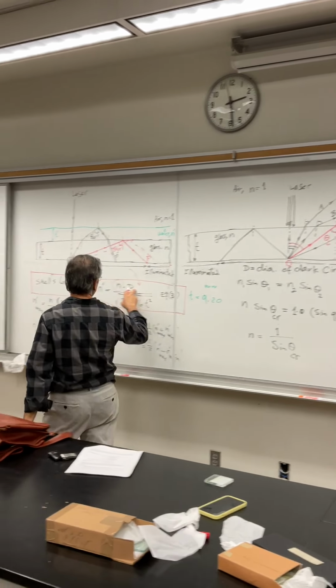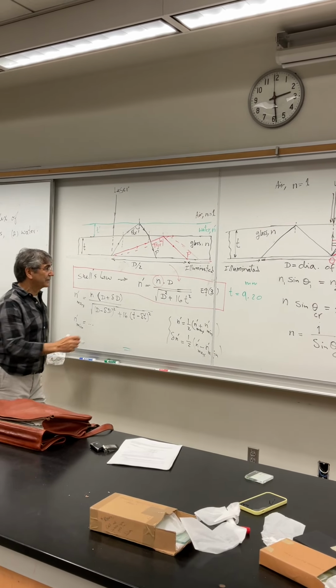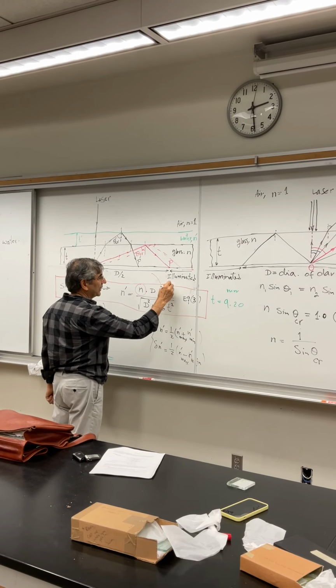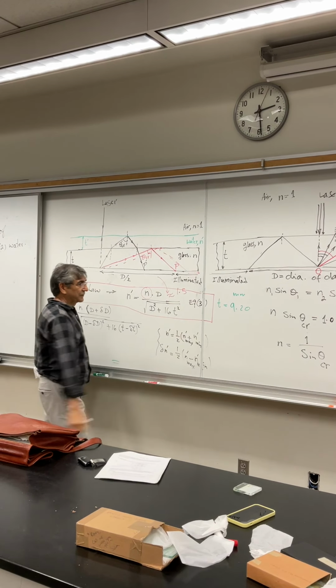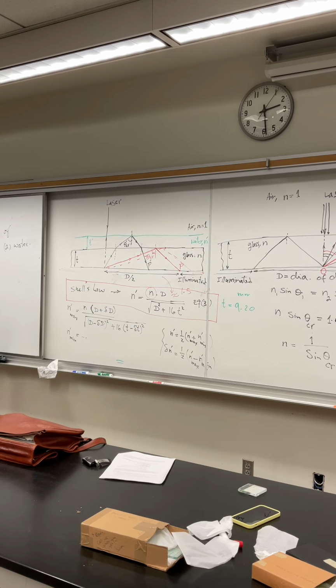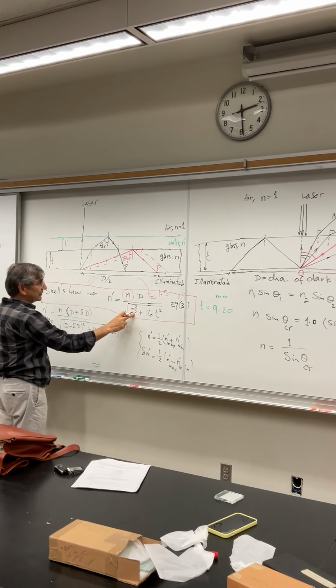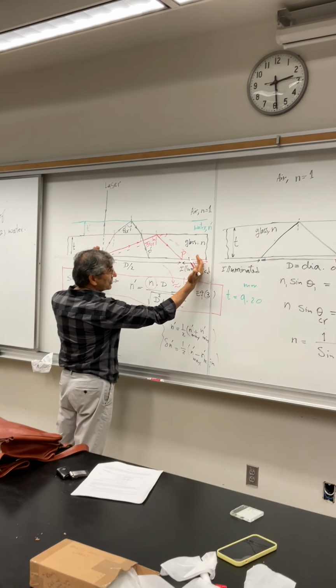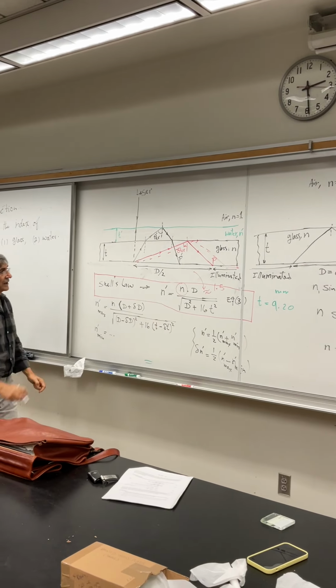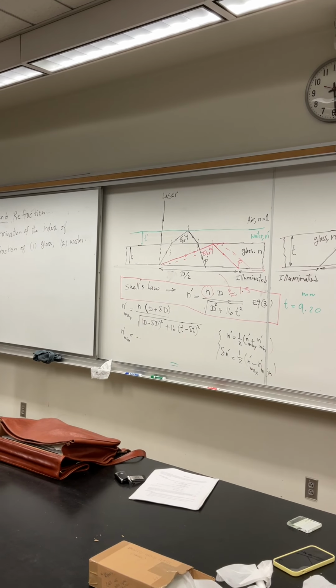Use the one that you have for glass, which is about 1.5. And then from there you can find the index of refraction of water. Please make sure that the diameter that you put in here is the diameter of the larger circle, not the one that is darker and smaller.